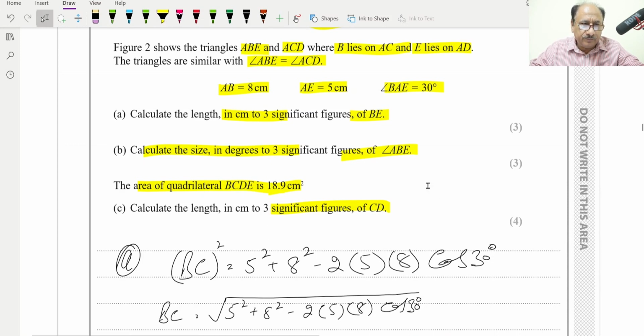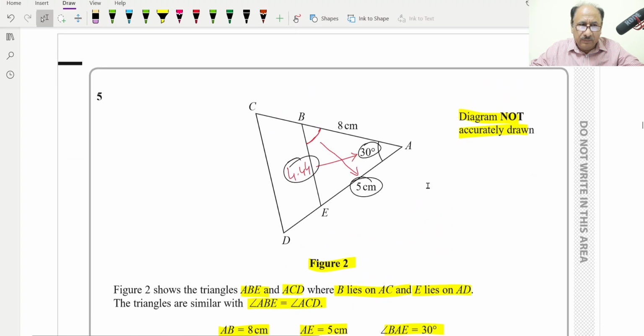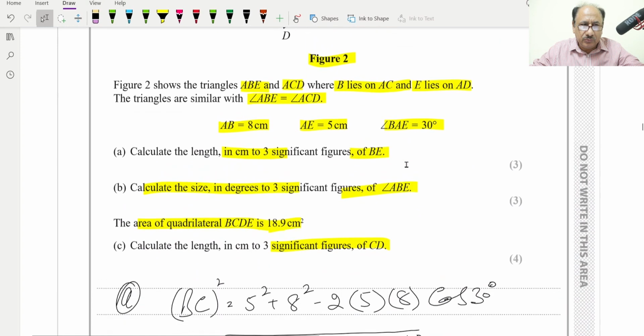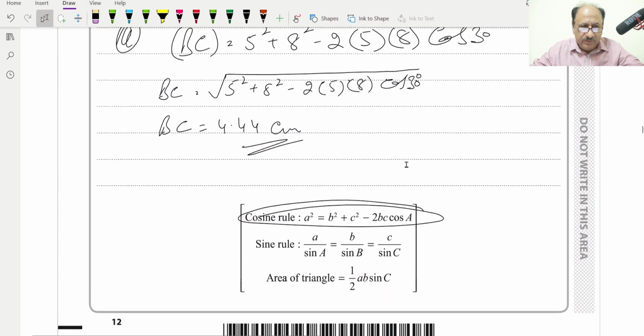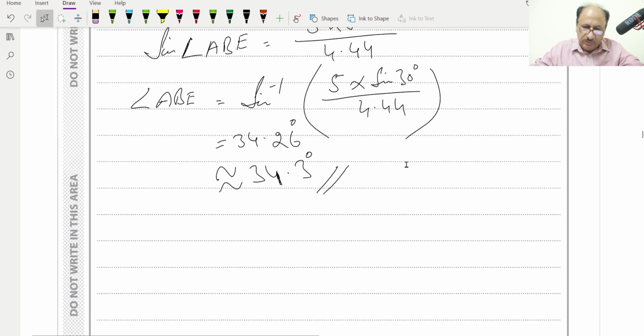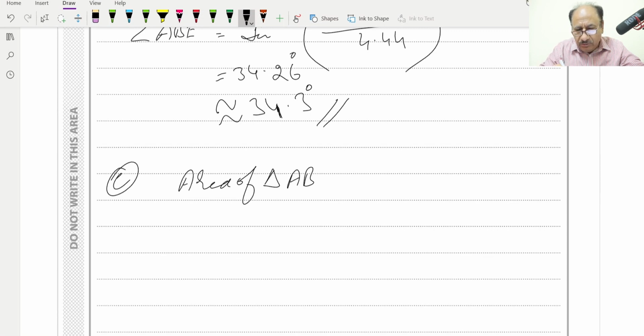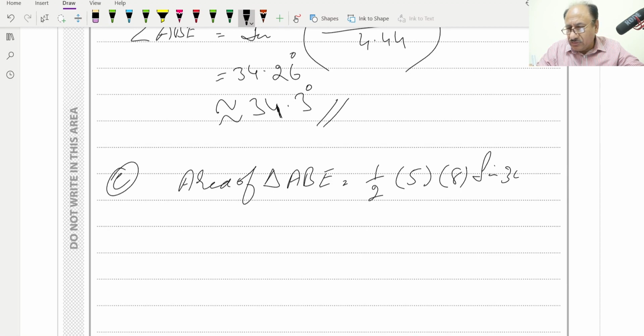We can find the area of triangle ABE, which is half into BC into sine C. We will be using this space for part C. The area of triangle ABE is half into one side, 5, the other side, 8, and sine of 30 degrees.